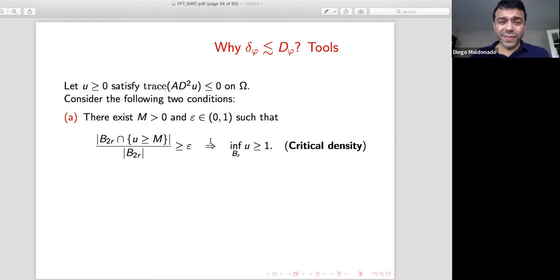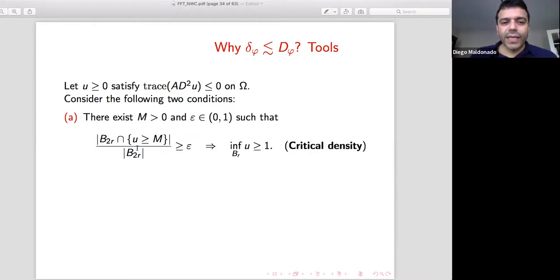The first one is called the critical density property, that says that there are some constants M big, a million, and epsilon small, such that if you take any ball, and you look at the probability that u is bigger than 1,000,000, if that's bigger than epsilon, think that epsilon is 0.01, so it's 1%, then you have the implication.